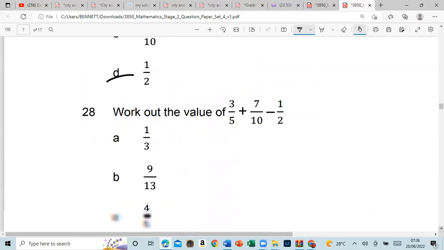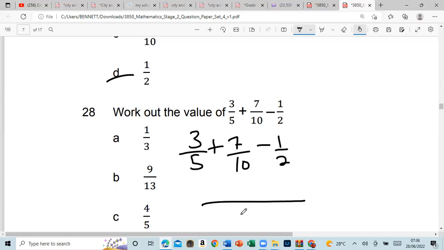Work out the value of 3 over 5 plus 7 over 10, and then subtract a half. All right, so let's add first. The LCM would be 10 for all 3 numbers, right? 5 into 10, 2 times. 3 times 2 is 6. 10 into 10 is 1.